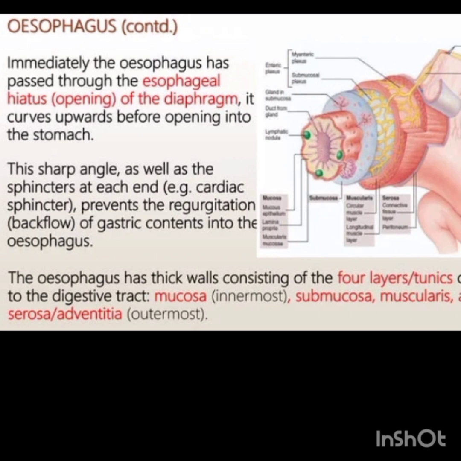If the cardiac sphincter is not working properly, your eaten food will come out. Sometimes when we take some medications, for example antibiotics, there is a chance of vomiting because these medications cause relaxation of the cardiac sphincter. Thus it leads to vomiting, nausea, such feelings.